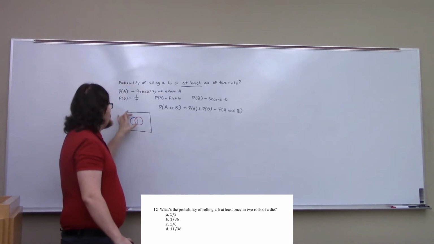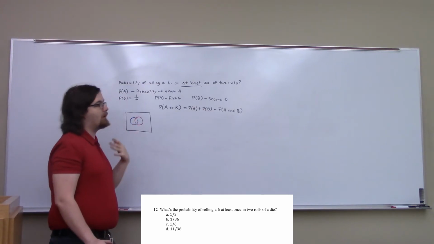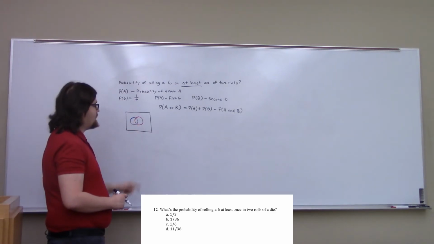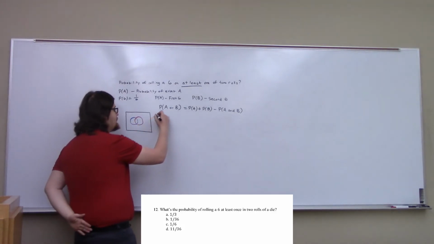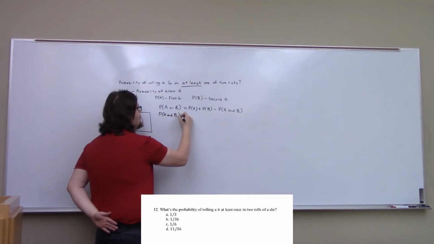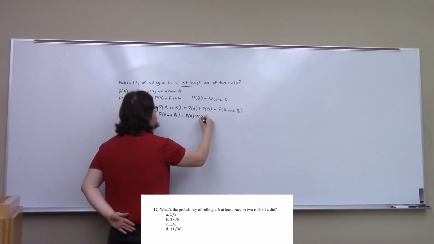We've taken A, which is blue, and B, which is red, and we've taken out the middle so that we don't count it twice. That middle value, the probability of A and B, is calculated simply by multiplying the probability of A times the probability of B.